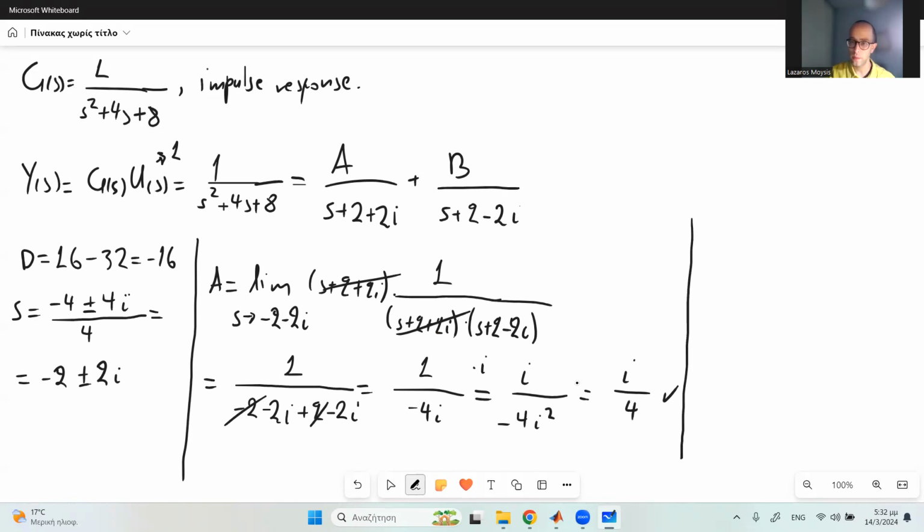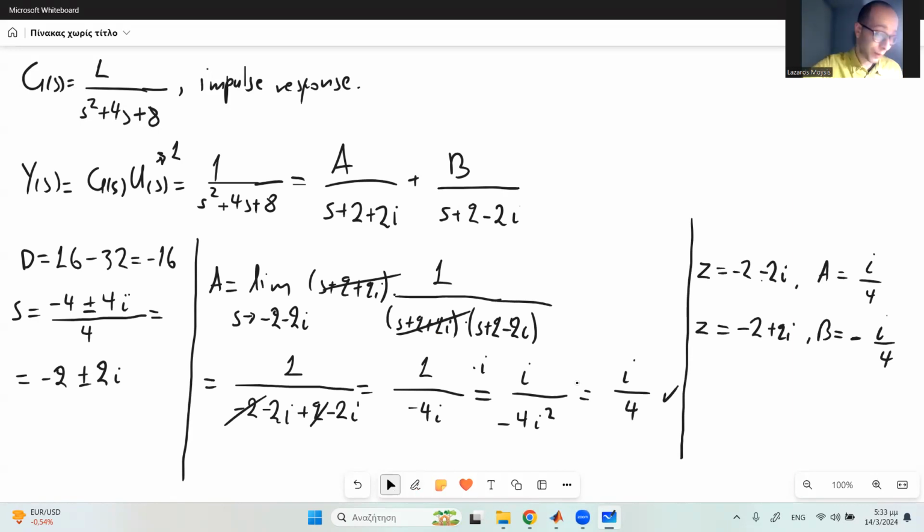Okay, so the root here, which was minus 2 minus 2i, has a coefficient equal to i over 4. And the root, which is minus 2 plus 2i, has a coefficient that is equal to minus i over 4, because these two are complex conjugate. Great.